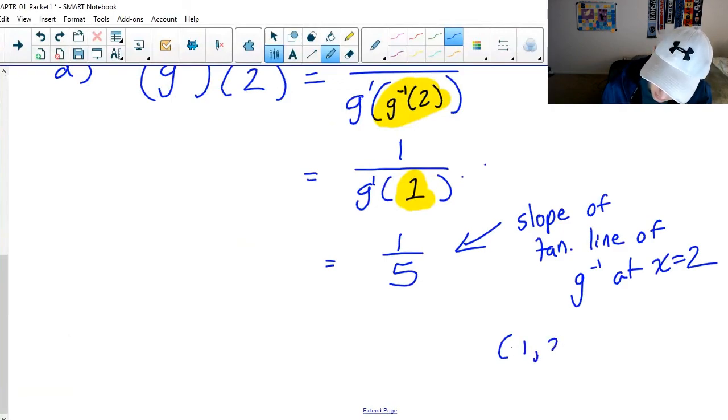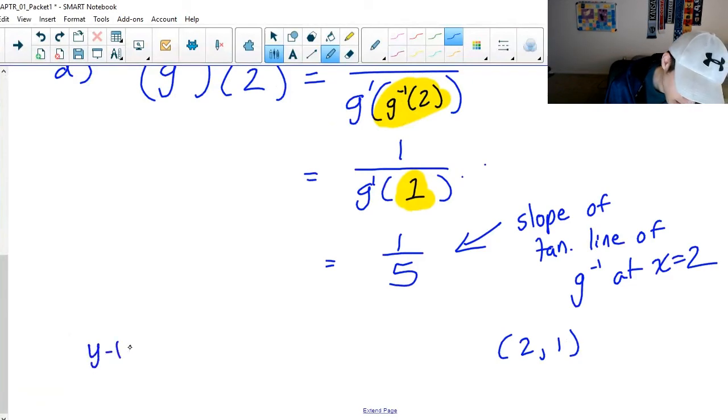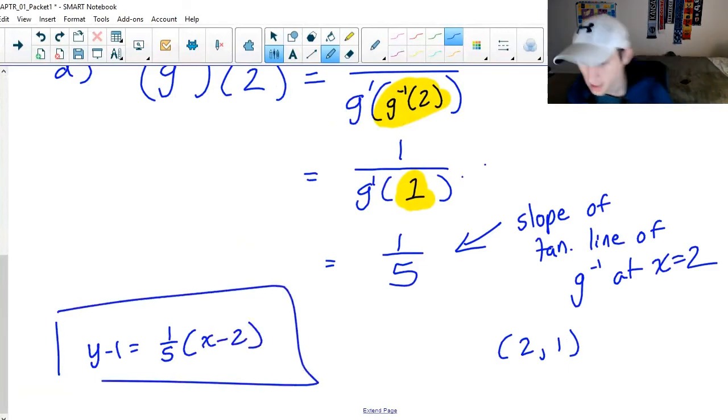Oops, flipped it. 2, 1 is my x value and my y value. So y minus 1 equals 1/5 times x minus 2. And again, we're okay with just stopping there. We actually don't need to go through and put it into slope-intercept form unless it specifically asks.